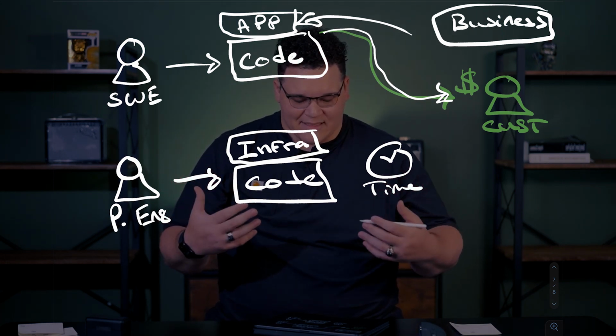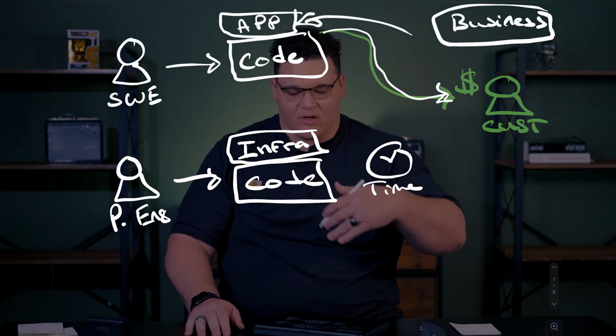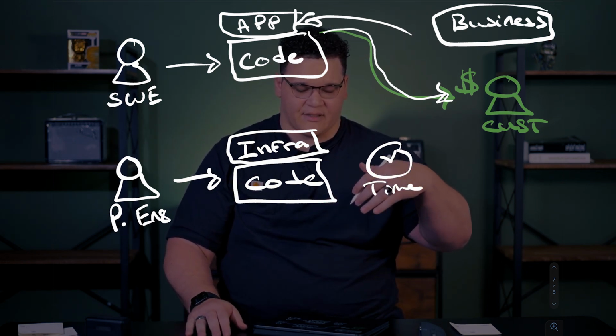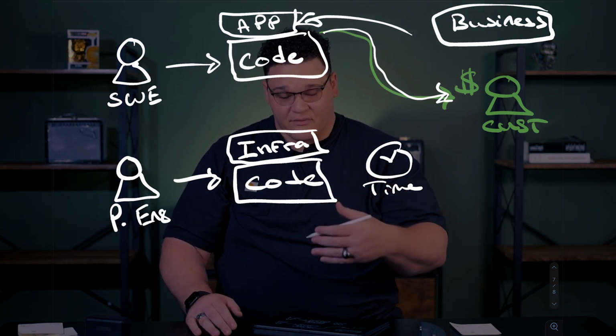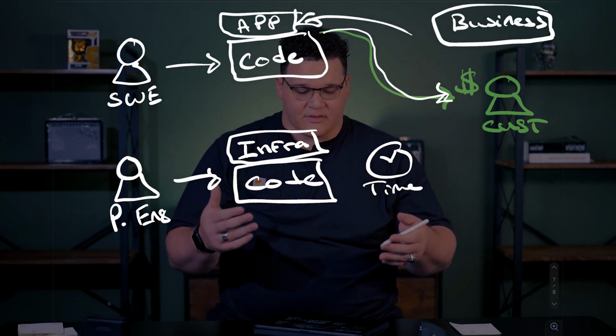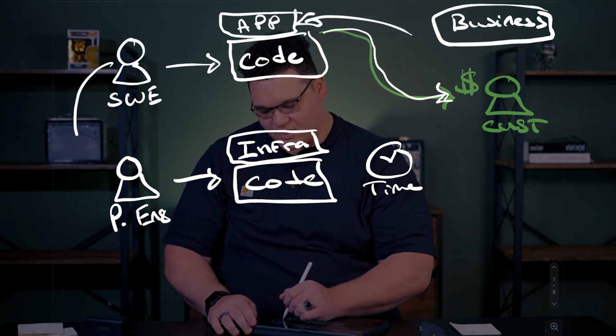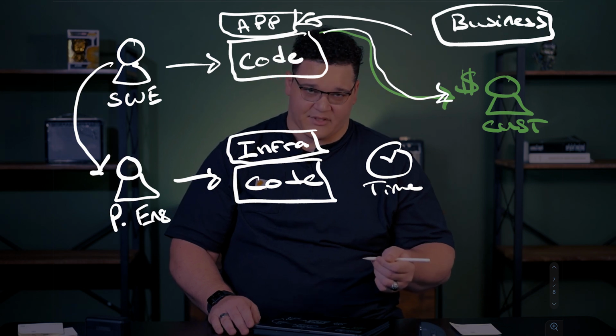The code these people focus on is all of this infrastructure-related code, so that the software engineers can get the application out as quickly as possible. If you really think about it, the software engineer is kind of the customer of the platform engineer.